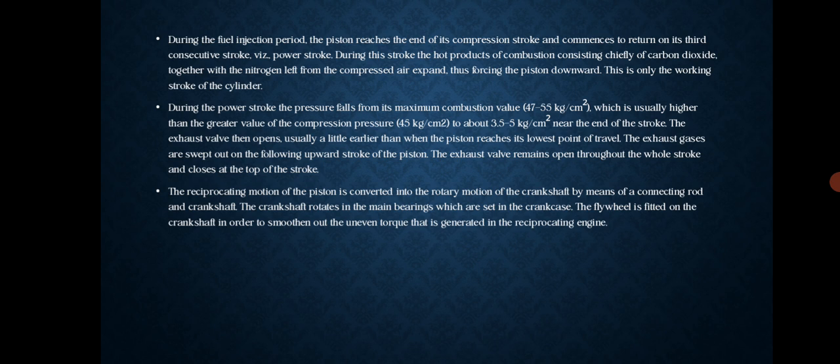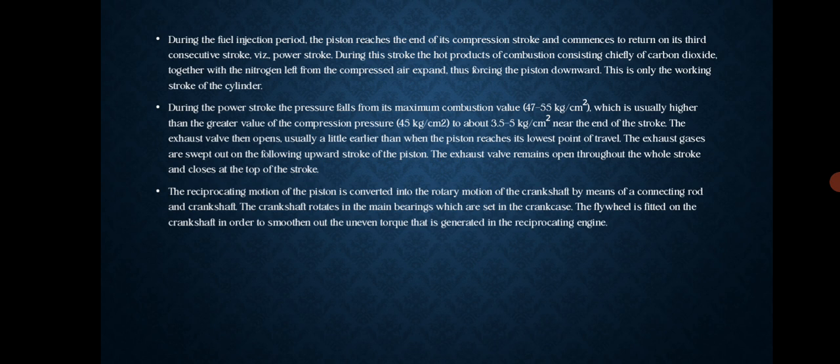The exhaust valve then opens, usually a little earlier than when the piston reaches its lowest point of travel. The exhaust gas is wiped out on the following upward stroke of the piston. The exhaust valve remains open throughout the whole stroke and closes at the top of the stroke.